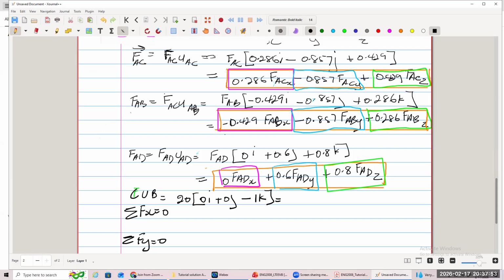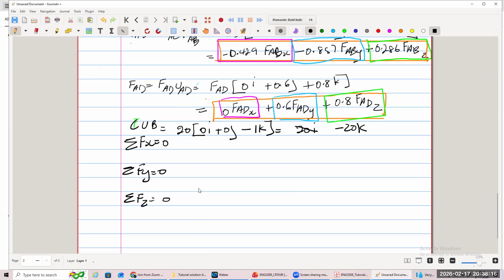So that gives you an expression where the 20i is 0, the j is 0, leaving just minus 20k, saying that in this direction there's a minus 20k. Keep that in mind. There's a fourth expression that needs to be taken into consideration.